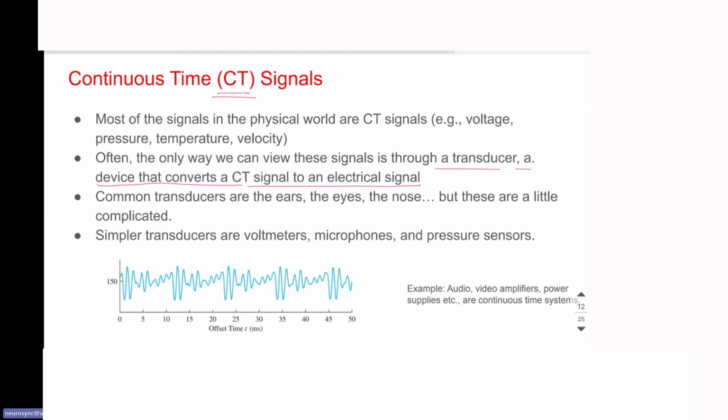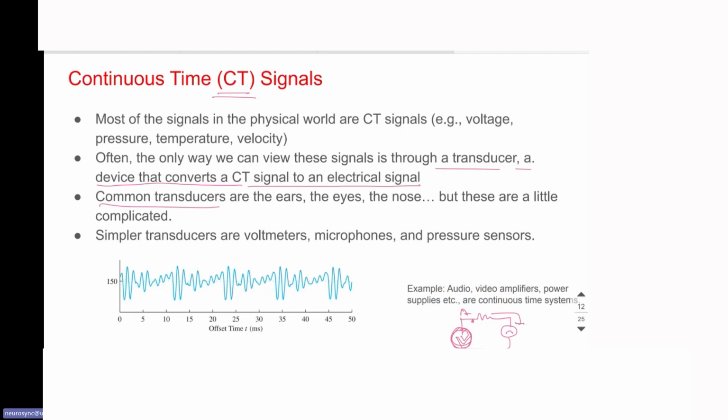The common transducers are our ears, eyes, and nose, which are very complicated. A simple transducer: if I want to see the voltage signal from an electrical circuit like this, I will connect a voltmeter in the circuit across the two terminals, and then I can see the signal.